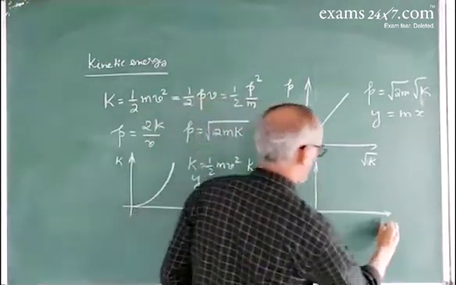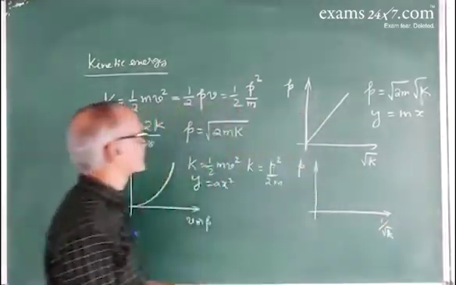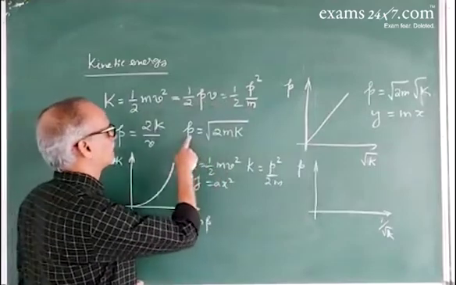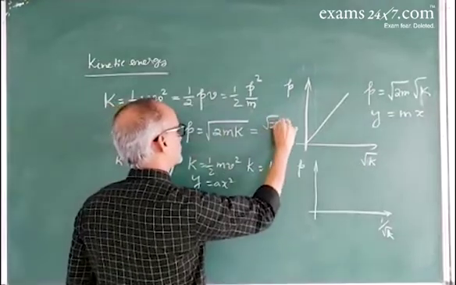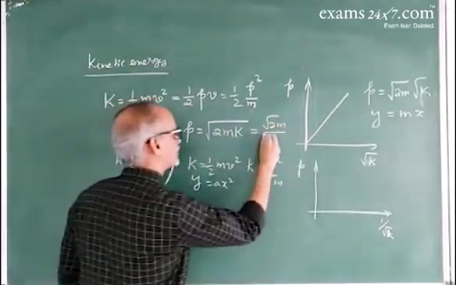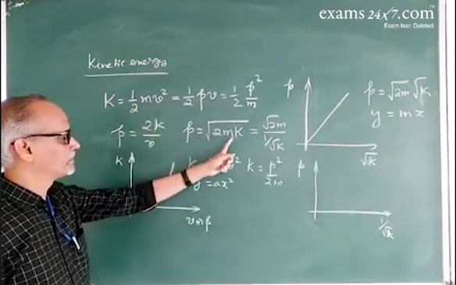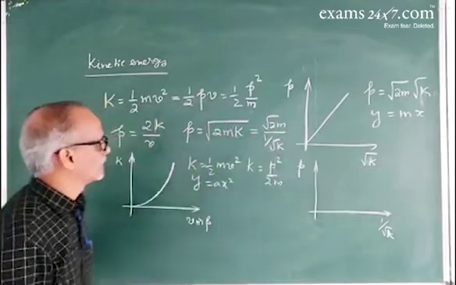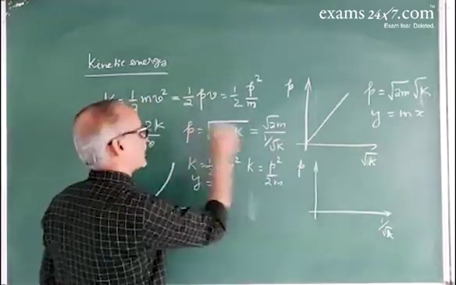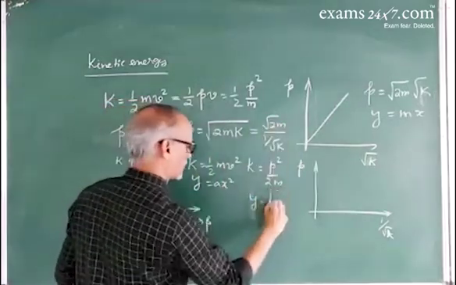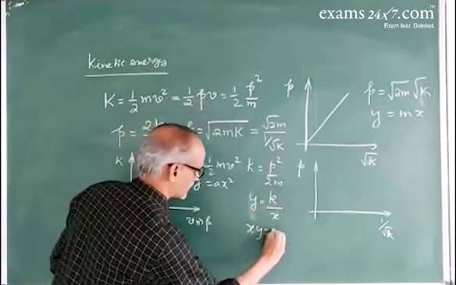We can write the same equation like this: P is equal to root of 2m and then root K, which I can write as 1 by root K. So now this equation is of the format y is equal to a constant by x, or xy is a constant.